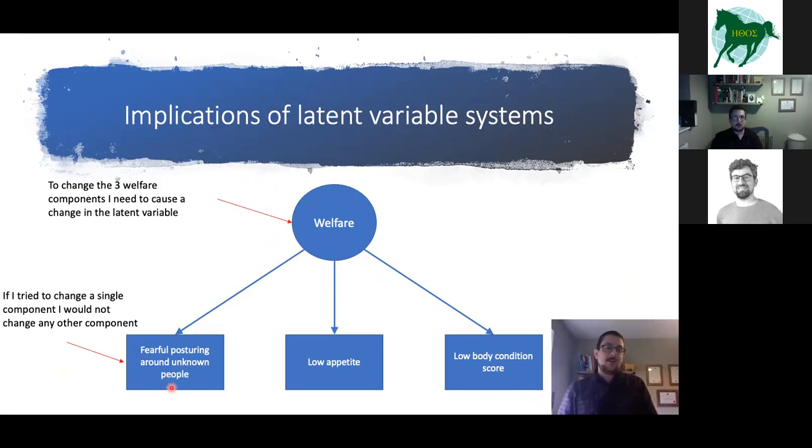If I just tweaked or manipulated a single variable, I wouldn't expect any changes in the rest of the system because there's no connection. If I change this variable here, appetite and body condition score wouldn't change because there are no connections in this model. Everything is due to this common cause, this latent variable.